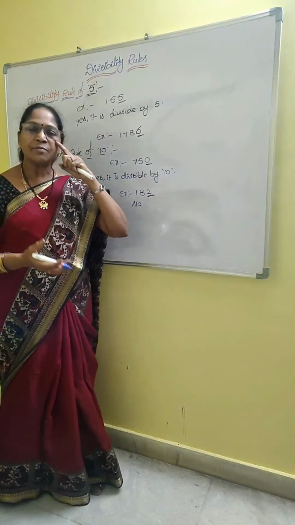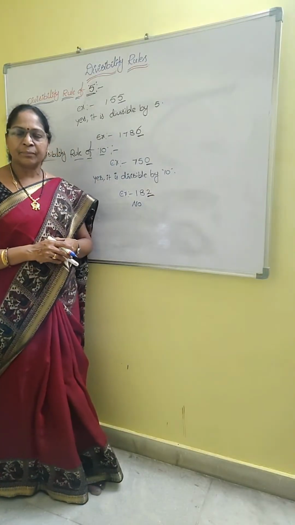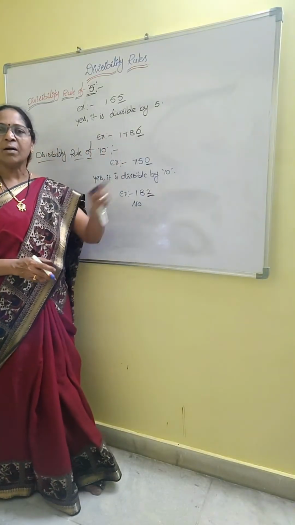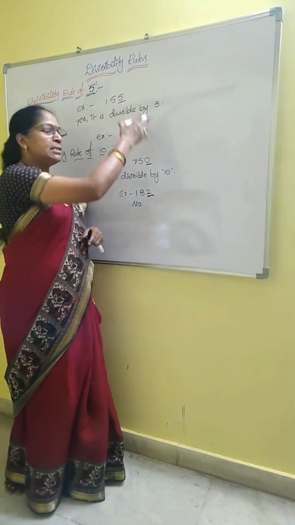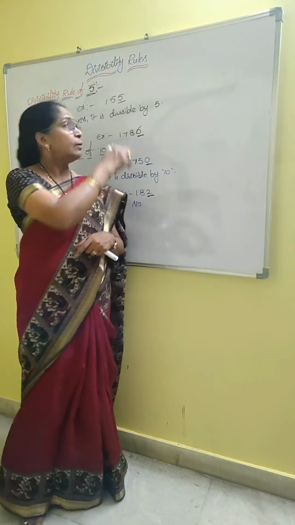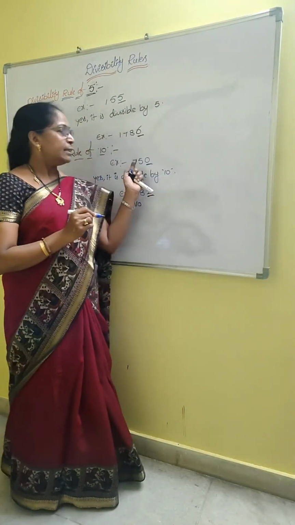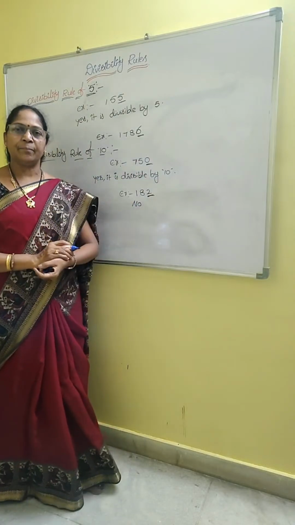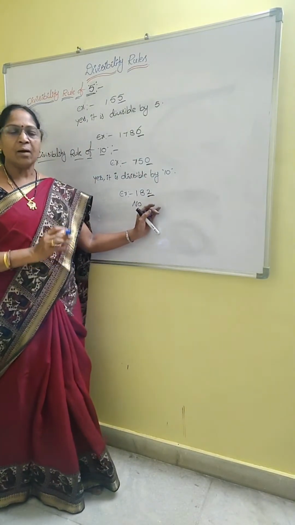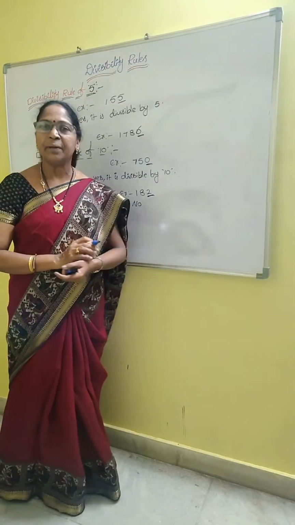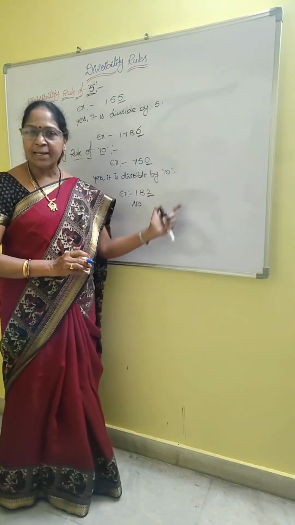If any number other than 0 or 5 is there, then the given number is not divisible by 5. This is the divisibility rule of 5 and this is the divisibility rule of 10. Up to 10 we already discussed in our previous class. I just revised it now.